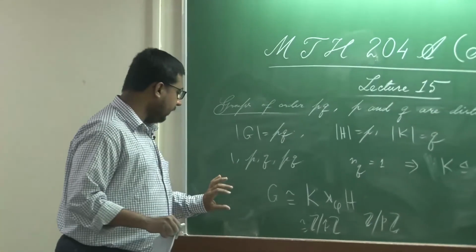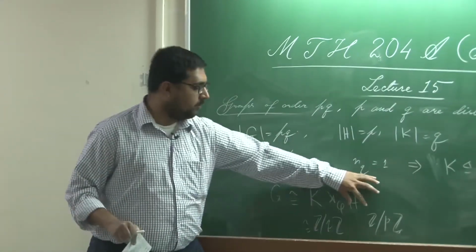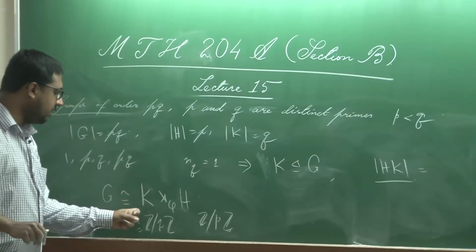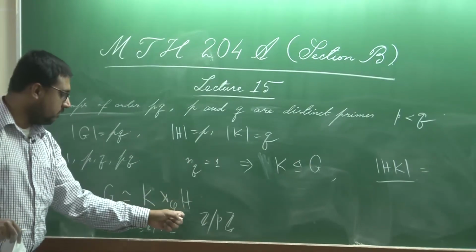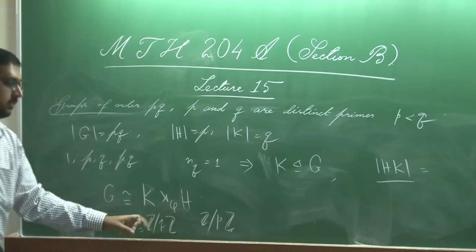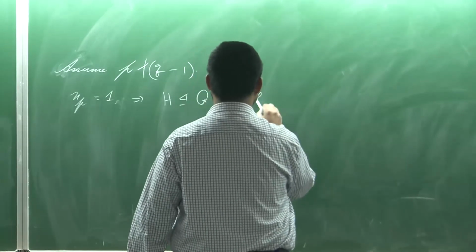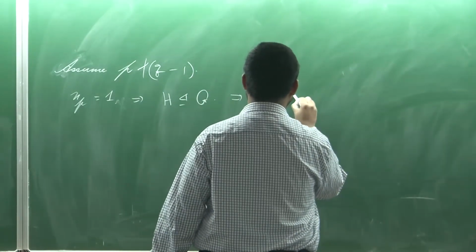So if H is normal here, the copy of H here is also normal. Now in this semi-direct product, K is already normal, and now H is also normal. That means phi has to be trivial.